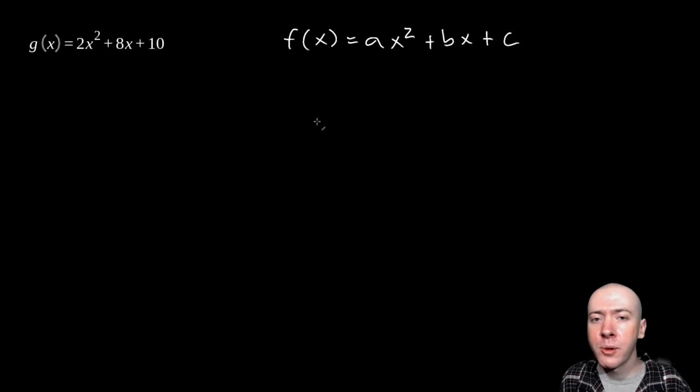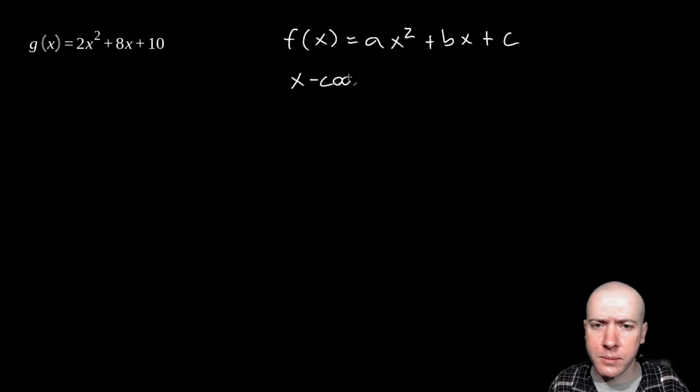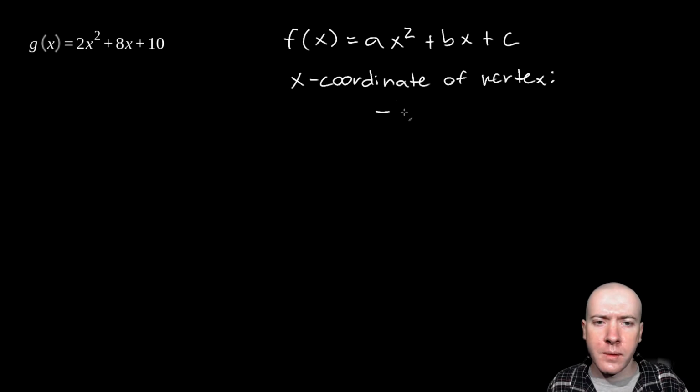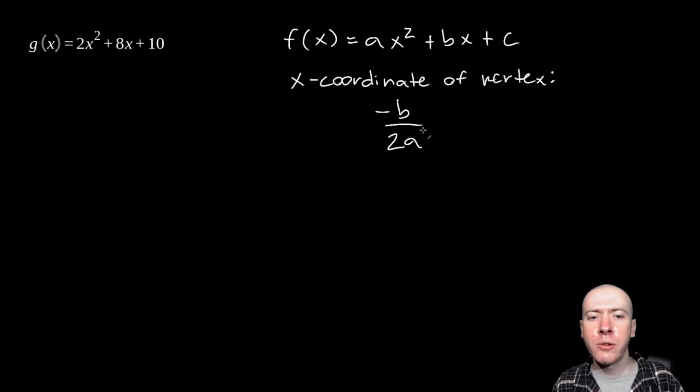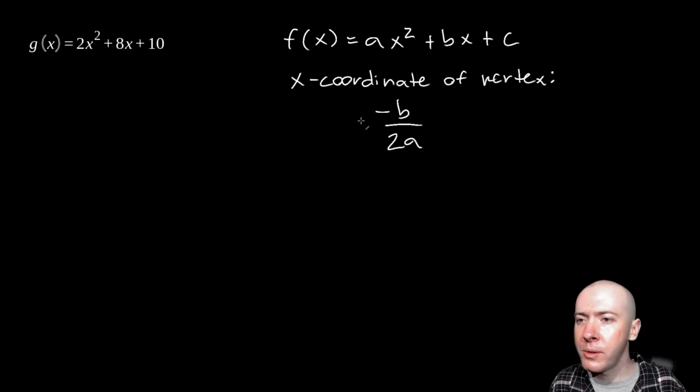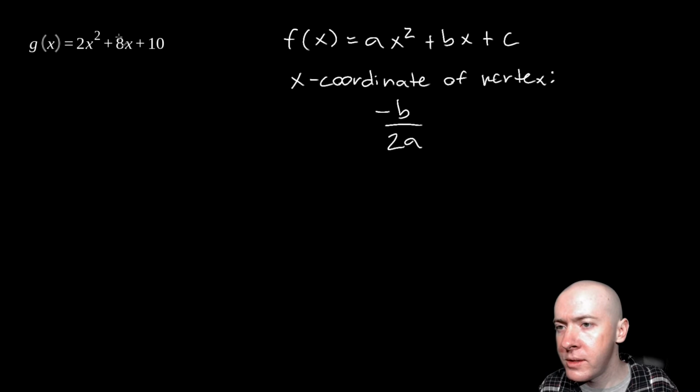And the x-coordinate of the vertex can be found with this expression. Negative b over 2a is going to be the x-coordinate of the vertex. So for our equation, what is b? B is 8, right?